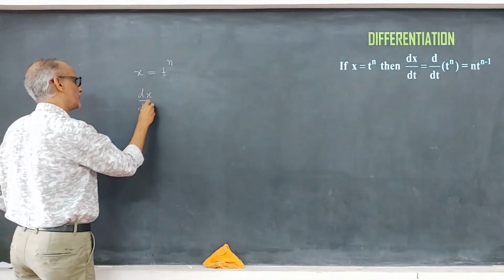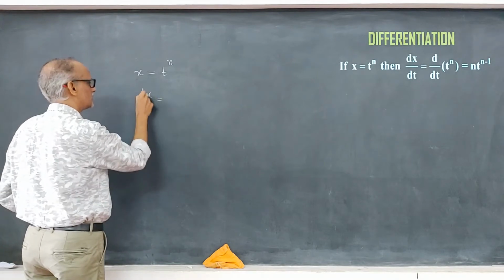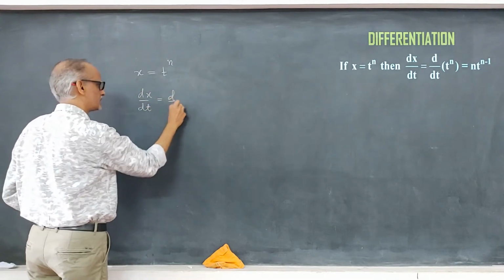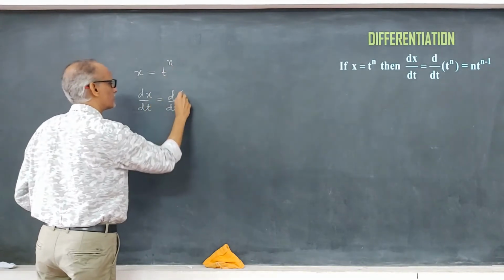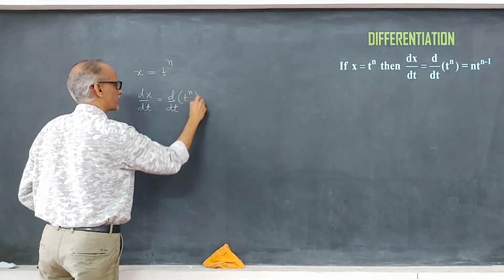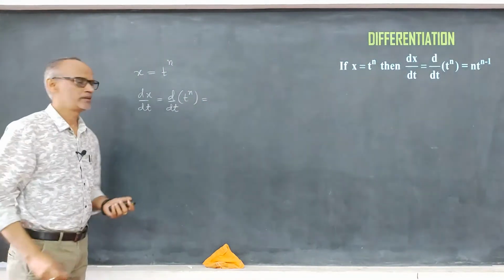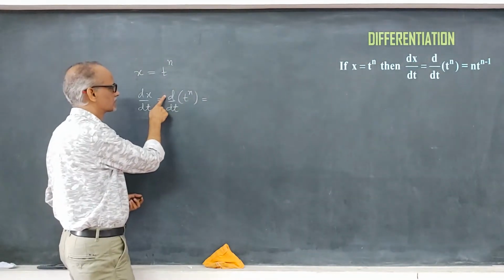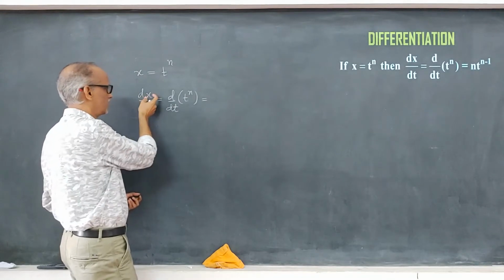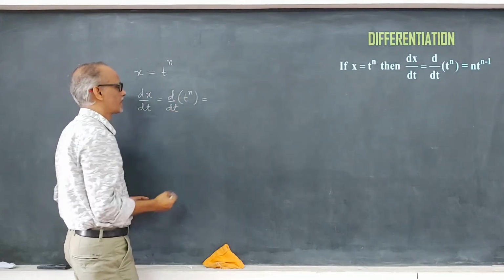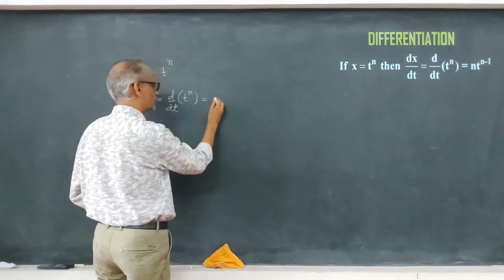So, now I want to find dx by dt. Write d by dt as it is. What is x? x is t to the power n. And when you differentiate x with respect to t, where x is nothing but t to the power n, you will get a formula which you have to remember.